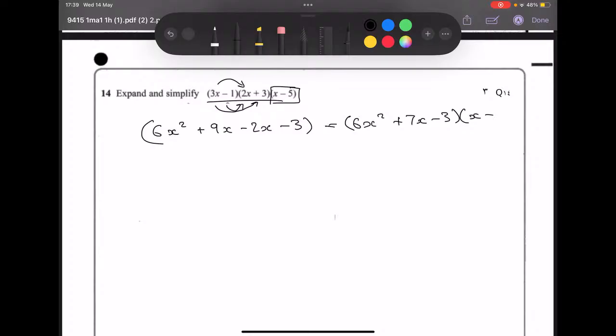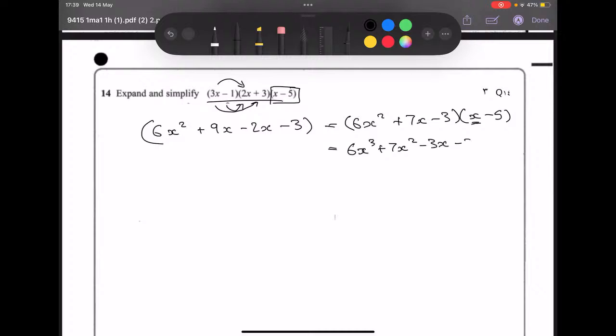And we'll times that by x minus 5. Now, for the first term in the second bracket, x, you will just be timesing everything by x, so you'll be gaining a power factor of x. 6x cubed plus 7x squared minus 3x. And for the second part, we'll just be timesing it by minus 5.